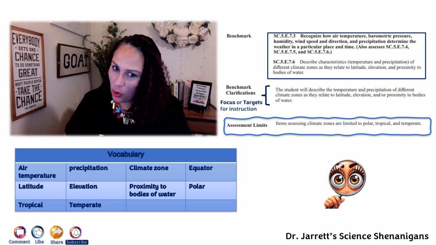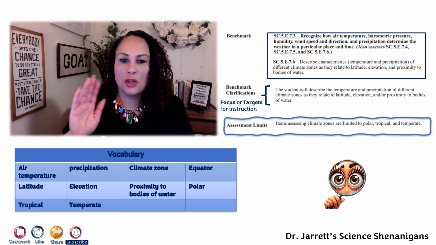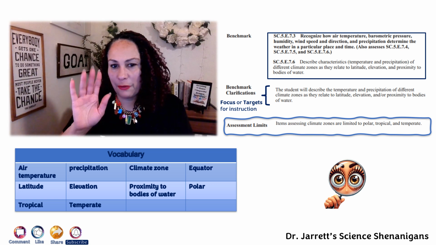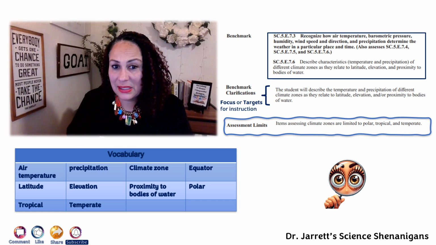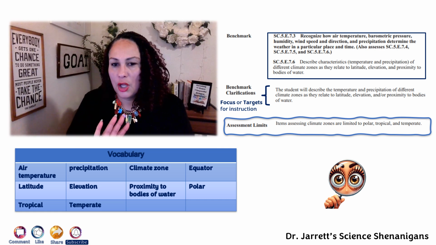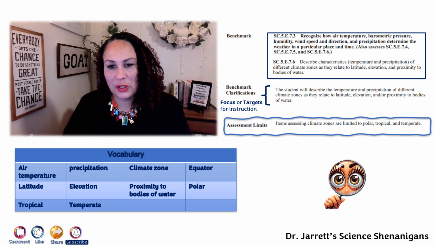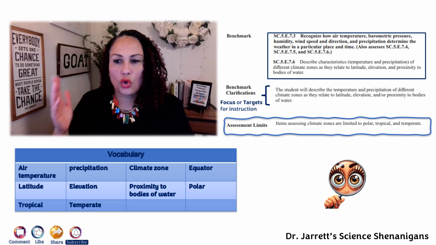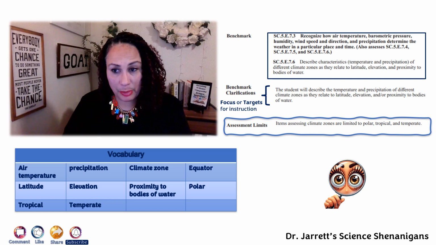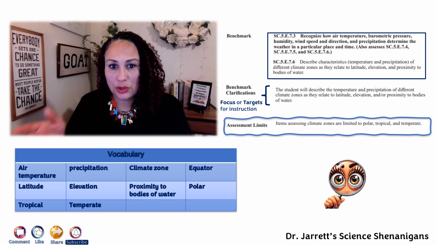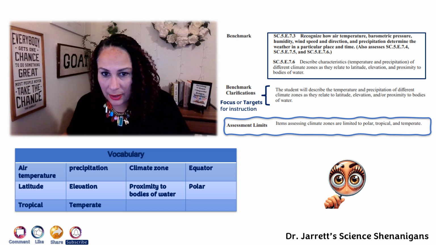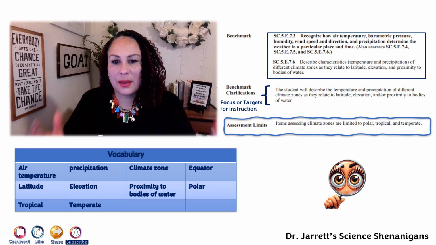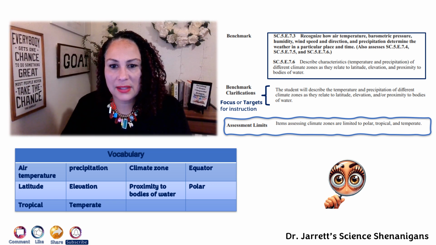So if we look at Florida, North Florida, we get the different types of seasons, but South Florida, you may not see those different types of seasons. Also, it's a little cooler in temperature when you're closer to the larger bodies of water than when you're inland. So that's something for the students to talk about as well.